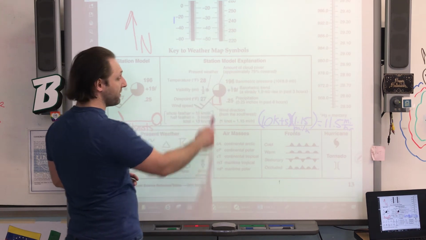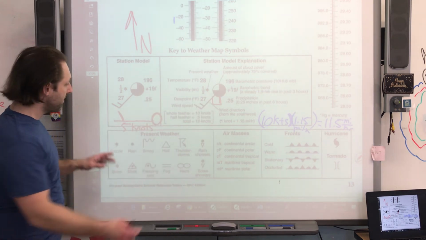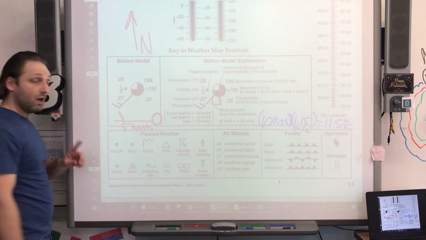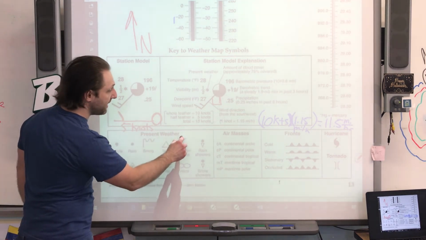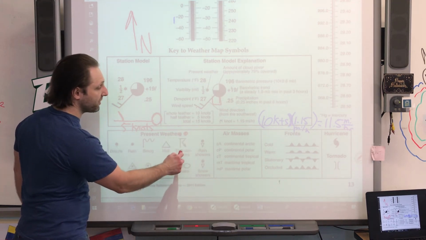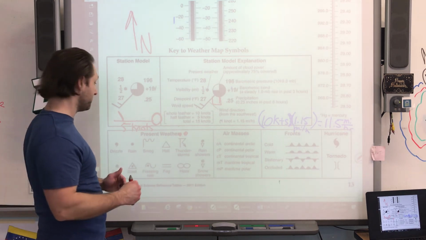Then you have present weather. Present weather in this case is snow. How do I know that? Because we have all the present weather symbols down here. One thing they leave off, and they do occasionally use, is that there may be dots above your thunderstorm, meaning it's a downpour, a flash flood type event.